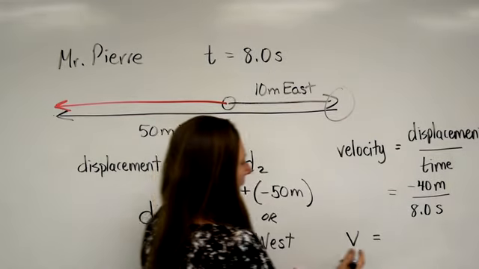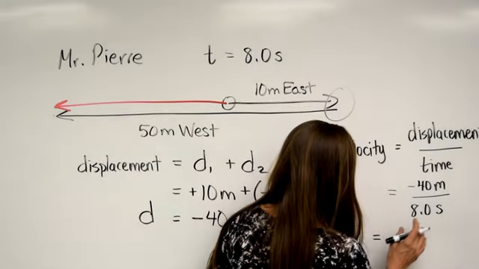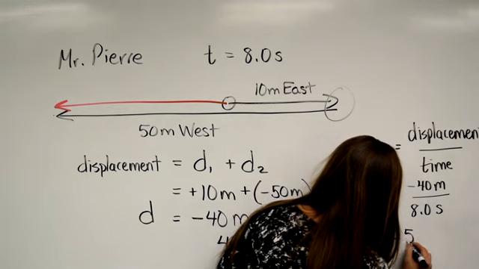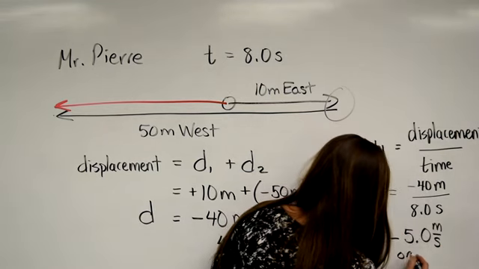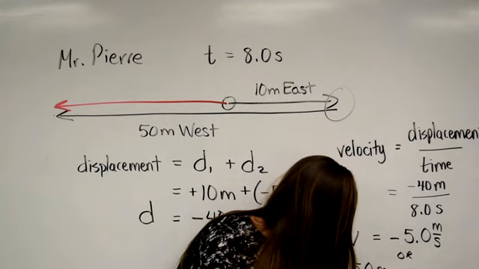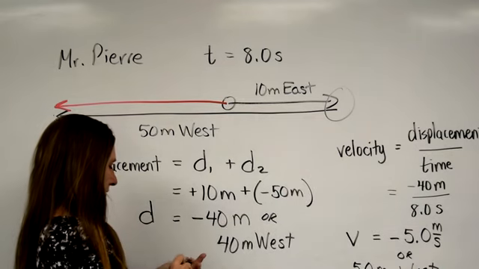So his velocity, negative 40 divided by 8, is going to be negative 5 meters per second, or 5 meters per second west.